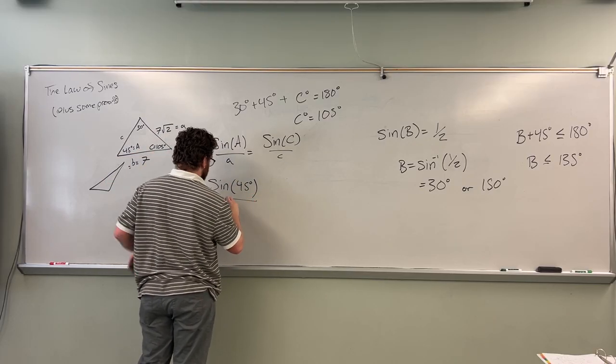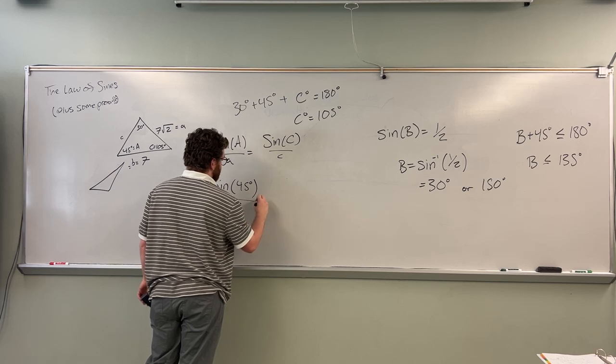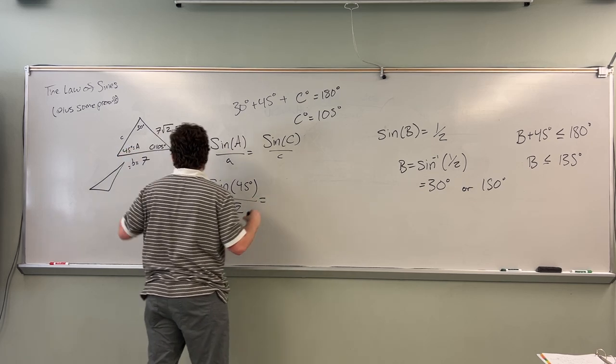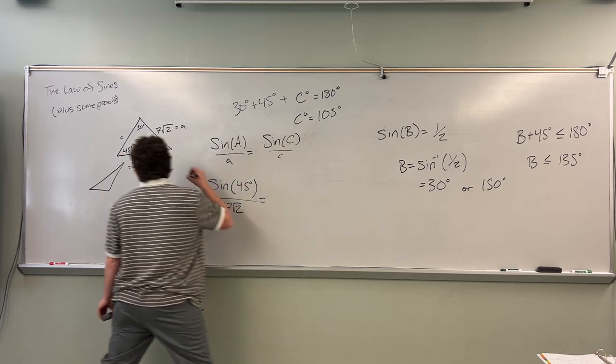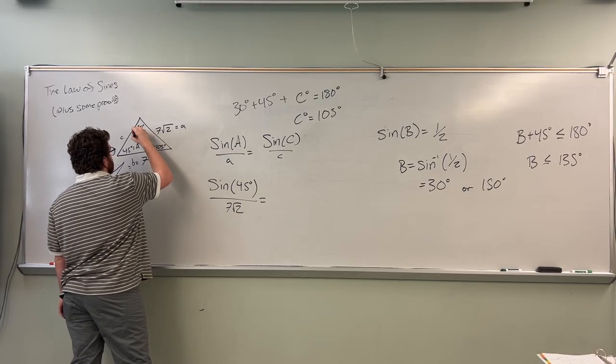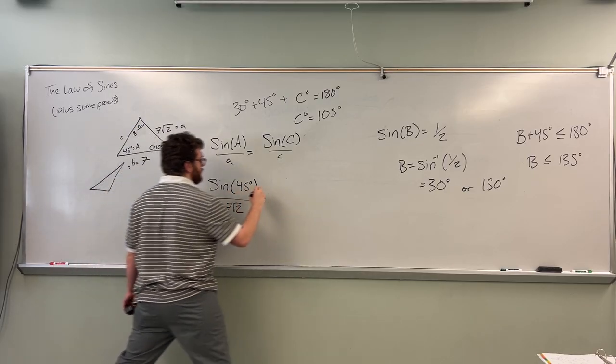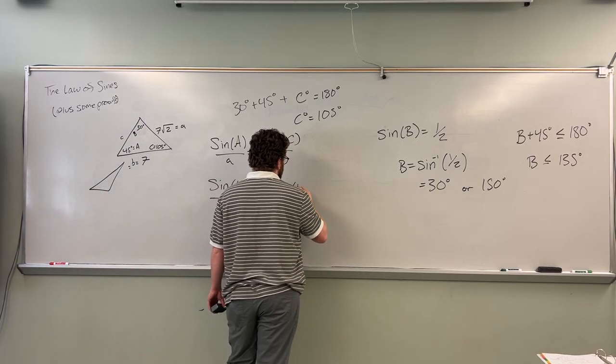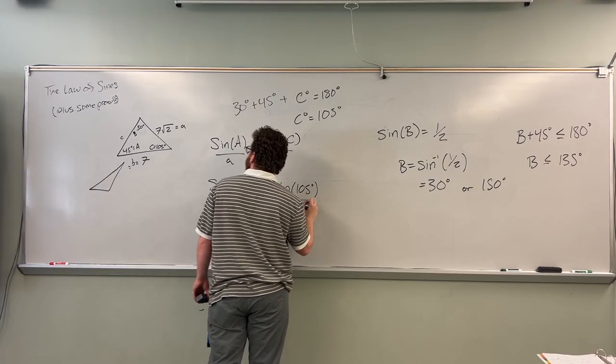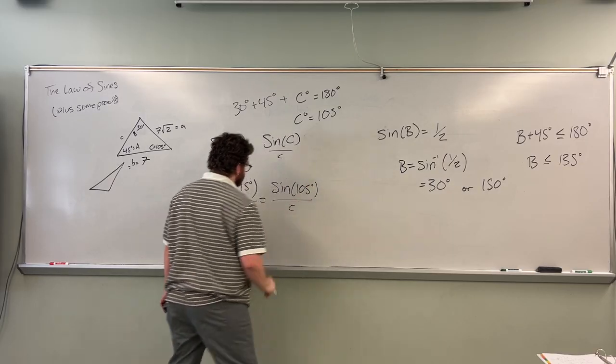Side length A is 7 root 2. C as an angle is 105 degrees, so sine of 105. And side length C is what we're figuring out.